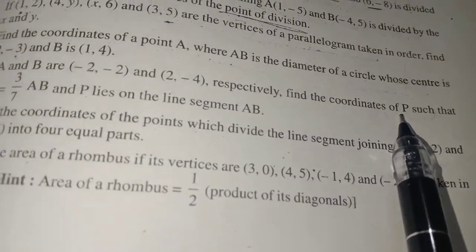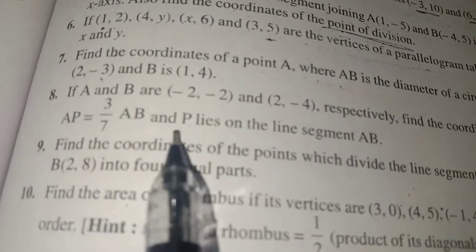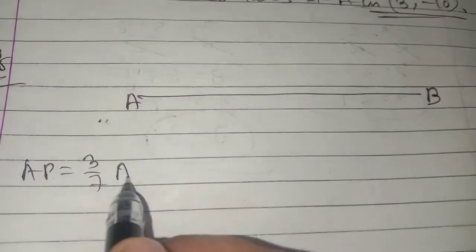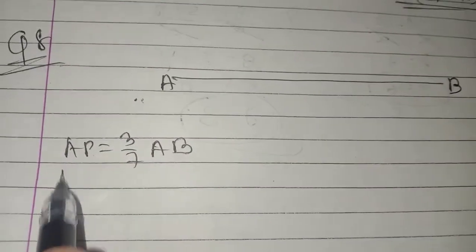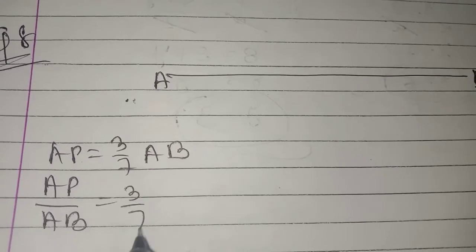Find the coordinates of P, a division point, such that AP is equal to 3 by 7 AB. P lies on the segment AB. What is given here? AP is equal to 3 by 7 AB. It means that AP upon AB is equal to 3 by 7.